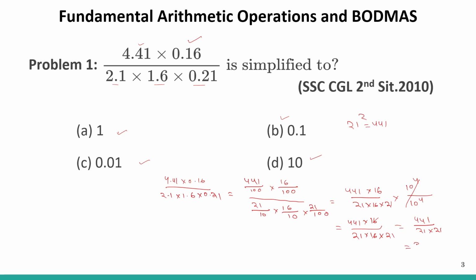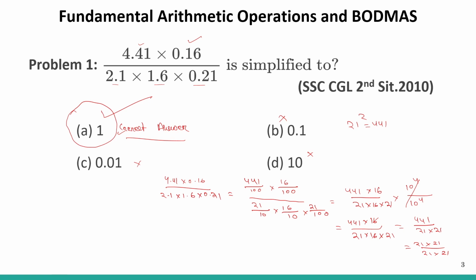This is equal to 21 into 21 whole by 21 into 21, which is nothing but 1. So this is the correct answer. The other options are wrong; this is the only correct answer.